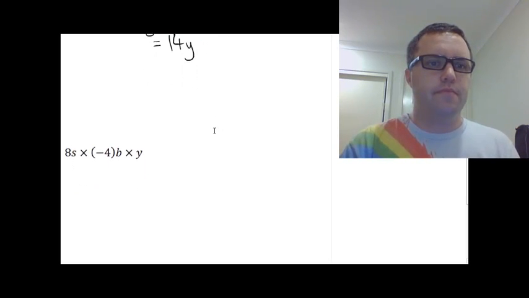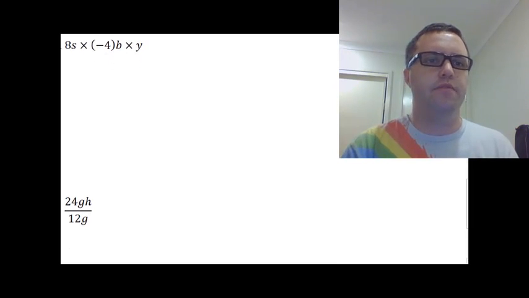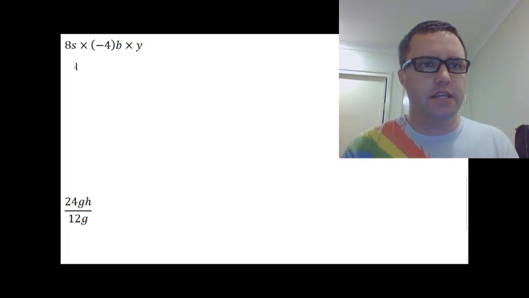This next one here, I've deliberately got a couple of extra variables in here for us to muck around with. So 8s times negative 4b times y. How are we going to approach this? Well, remember, the first thing is our numbers.